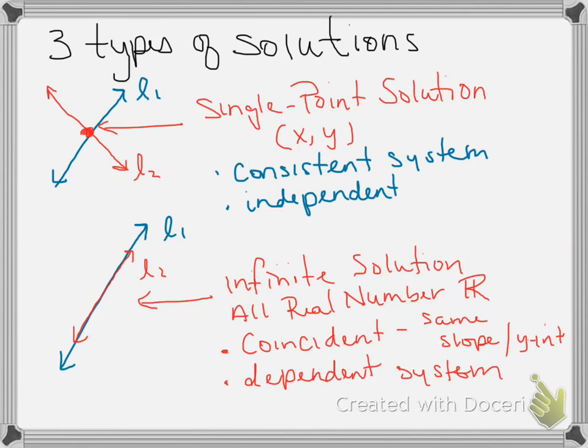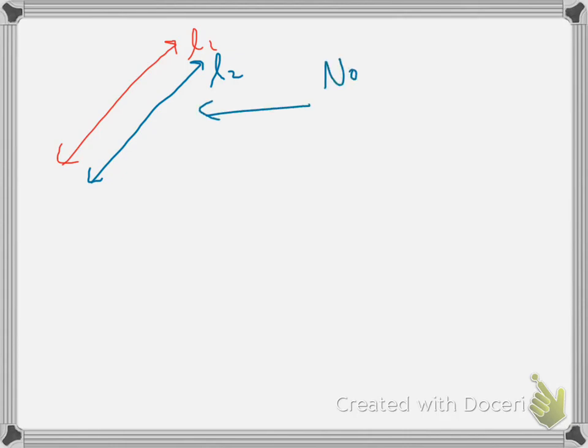All right, there's one more. When we have two lines, here's my first one, and here's my second one. This is no solution, because remember, the solution talks about how many times the lines touch, and these two lines never touch. So when you have systems with parallel lines, there's no solution.